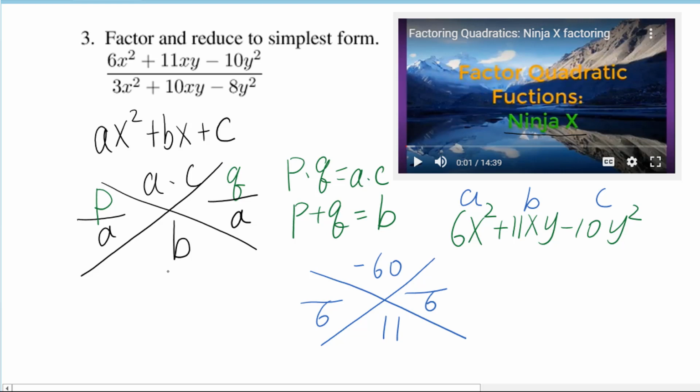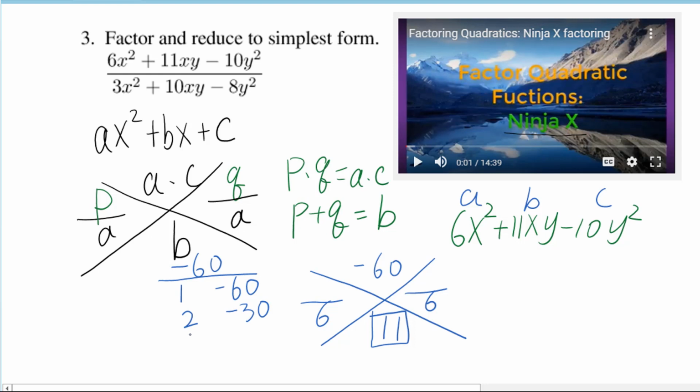Then you need to factor negative 60. Negative 60, we can do 1 times negative 60. Then we add 1 plus negative 60. We try to find this number, 11. 1 plus negative 60, not 11. So we do 2 times negative 30.